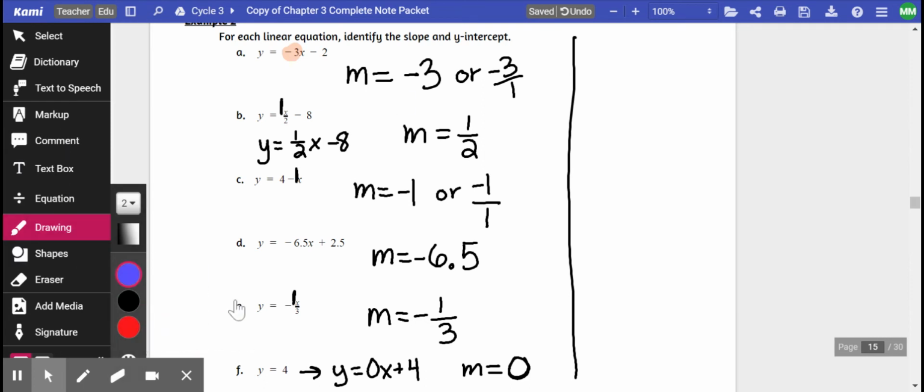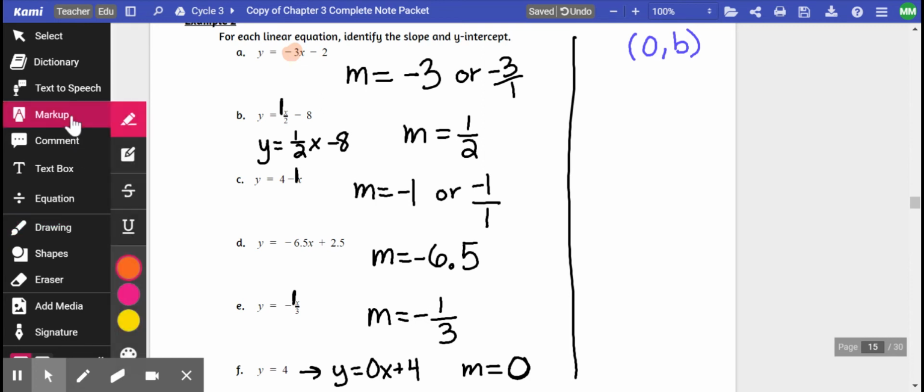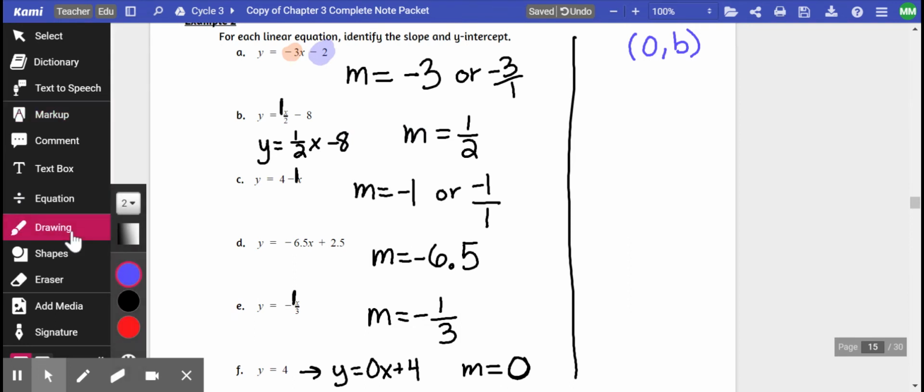Okay, for the other part, we're going to go ahead and write the y-intercept. And remember that your y-intercept is going to be at 0 and then whatever your b value is. So for this one, we can see that our b value is what's added or subtracted after that. So b is going to be equal to -2.